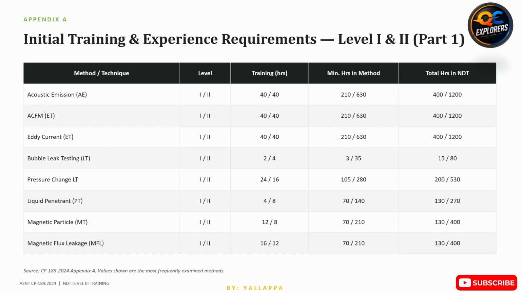These requirements are cumulative. A candidate must satisfy all applicable requirements, not just one. Completing the classroom training alone does not qualify someone for certification, and extensive field experience cannot replace the required formal education. CP-189 requires both theoretical knowledge and documented practical experience to produce competent inspectors.